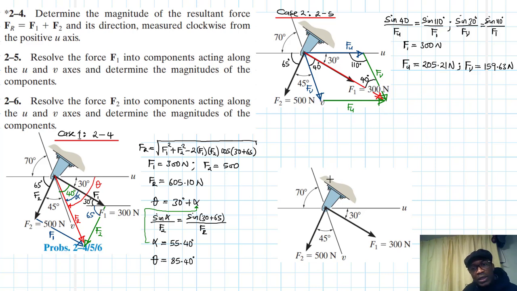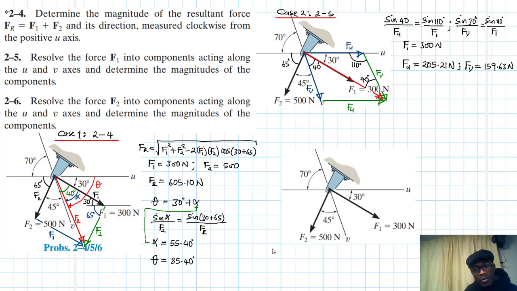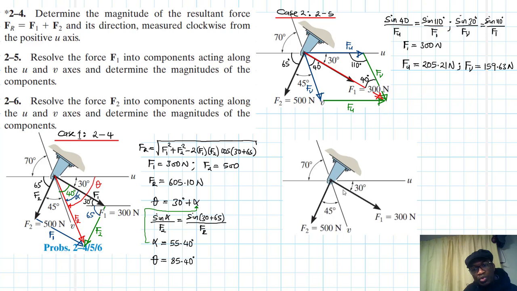Let's go to the second part, which is case number 3. So let's call this case 3, which is just 2-6. Great.